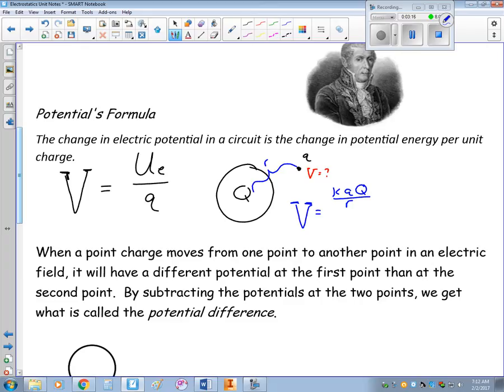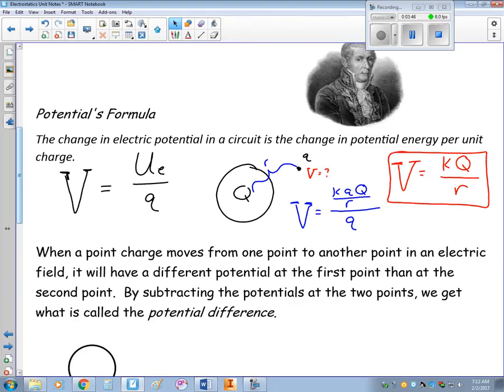So I'd have my electric potential energy, kQq over R, and then I would divide that by my charge q. So we can see then that the way we calculate electric potential is Coulomb's constant times the charge of the thing we're studying divided by R. So R is the distance from the center of the thing we're studying out to where we're measuring the voltage, or the electric potential.